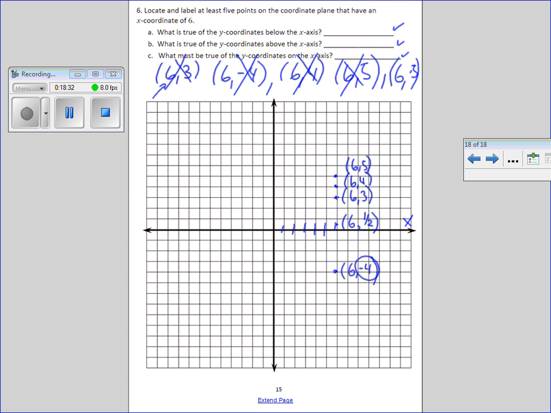Positive or negative? They'll always be negative. What's true about the y coordinate above the x-axis? All positive.